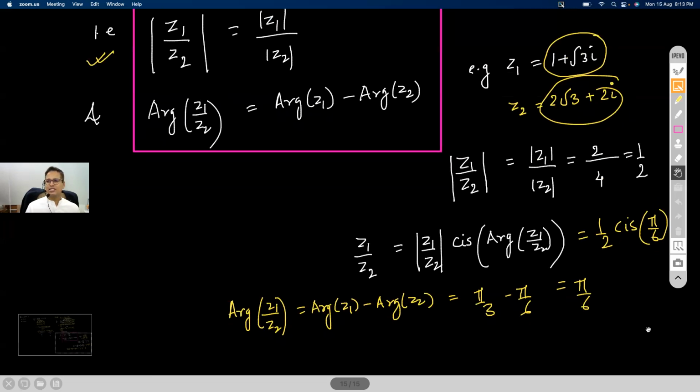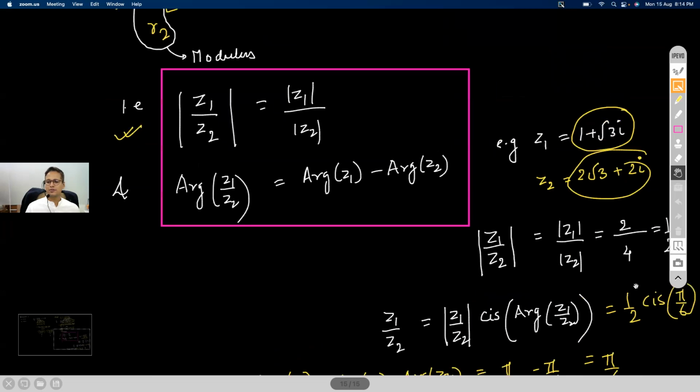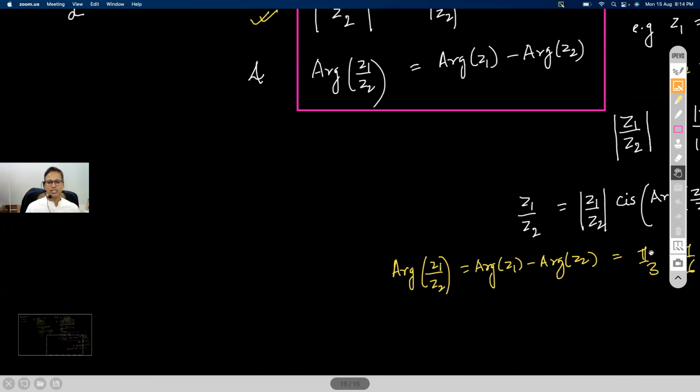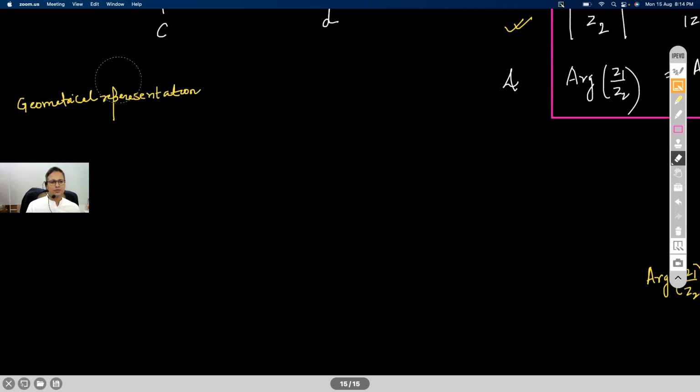Any questions, any concerns? So we have almost covered the entire division process. Now, one question that will arise in your mind: how do you geometrically represent Z1 by Z2?